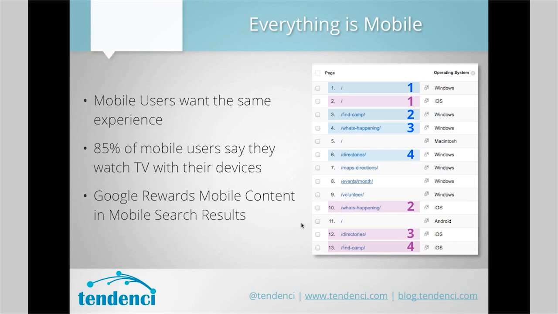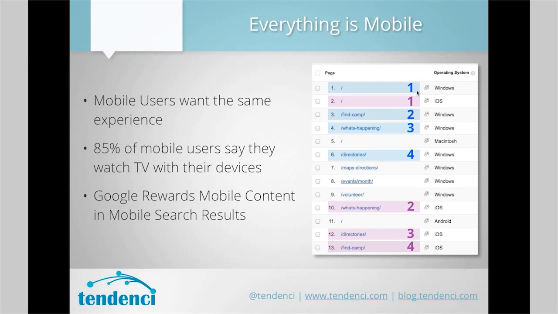And what we mean by that is, this report on the right is one of our summer camp clients, and they're awesome. And the data in blue, so what I've done is I filtered the pages by operating system. So you can see that this one right here is Windows, and the next guy is iOS. So essentially, the ones that are highlighted in blue are desktop users, and the ones highlighted in purple are mobile users.